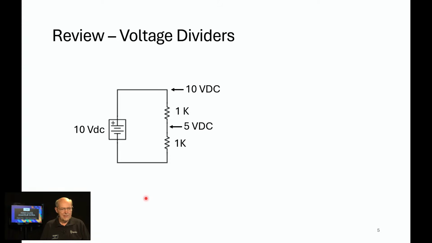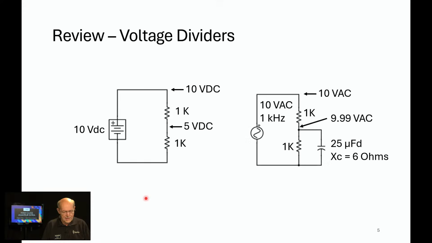That's pretty basic, but we're going to see voltage dividers applied in several different contexts this evening. And another one that might be a little bit less obvious: what if we take the same 10 volts but make it AC now, alternating current at 1 kilohertz? We're still going to get 10 volts AC across the top, but I've added a capacitor, a 10 microfarad capacitor.